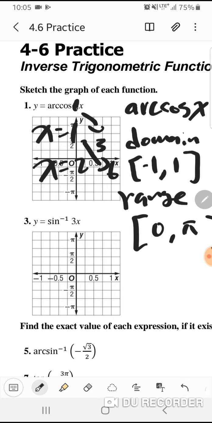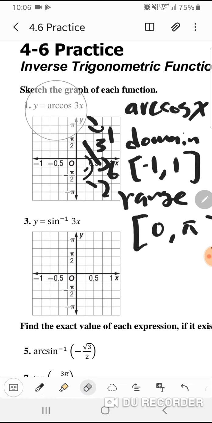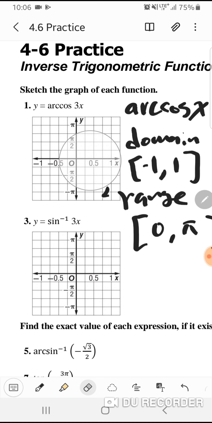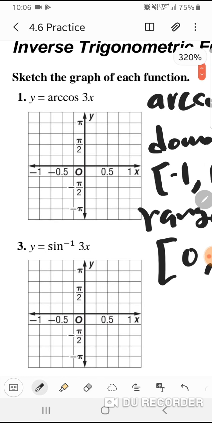If it was just x, it would have been x equals 1, then our cosine 1, x equals 2, our cosine 2. So it increased by like 3 times the original numbers. Okay, so our domain would be shortened by 1/3.